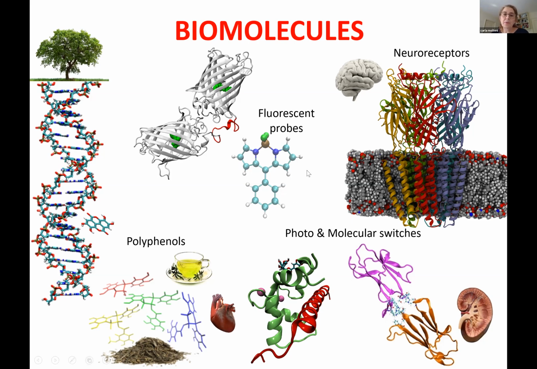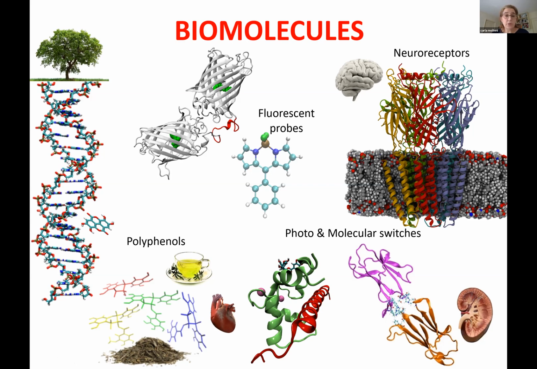And then we've been working on fluorescent probes and photo switches that again links a little bit with the molecular switches. So some of the problems seem quite different, but they have common techniques and common ideas, and this is actually interesting.